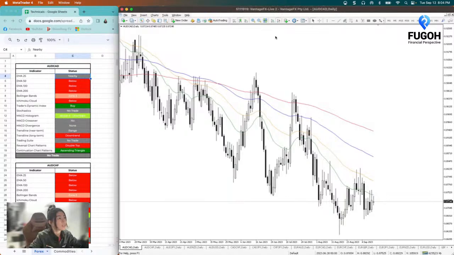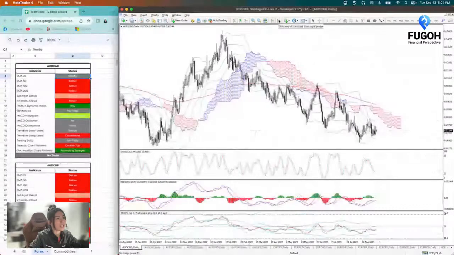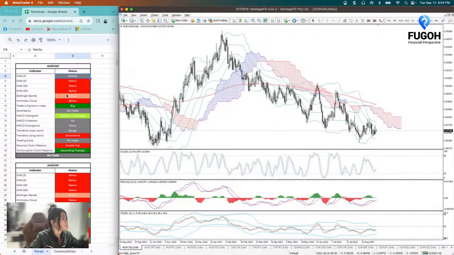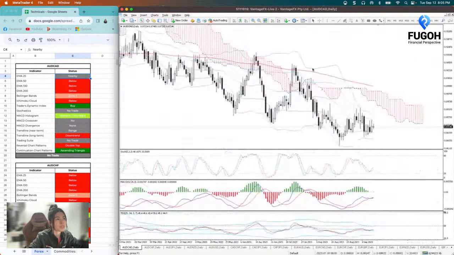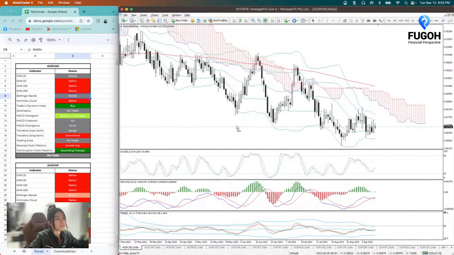Okay, so let's go back to the template that I like to use. The major trend is Bollinger Band. The Bollinger Band, the price right now is, let me zoom in so you could see, the price right now is in the middle. So let's put here middle. For the Ichimoku cloud, the cloud is here. So the price is below the cloud.